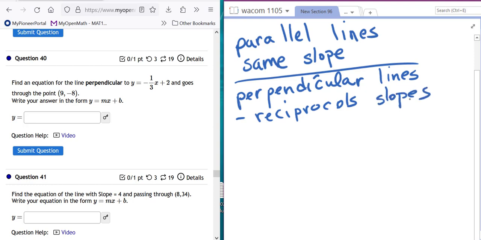All right, we'll go ahead and do 40. Okay, so we have to find the equation of the line that is perpendicular. That symbol means perpendicular. It intersects at a 90-degree angle to this line. And to find your equation of the line, you need 1 point and you need a slope.